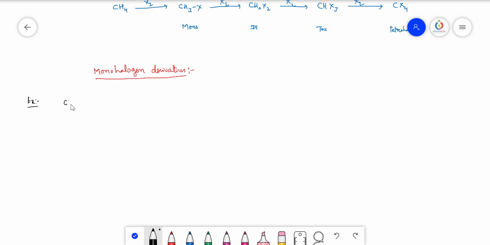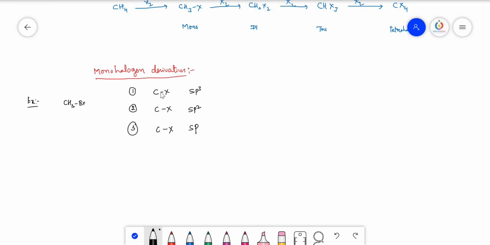I'll take only one example because these monohalogen derivatives are again of many types. These are broadly classified into three categories based on the hybridization of the carbon to which the halogen atom is bonded. They are the C-X compounds having an sp3 hybridized carbon, the C-X compounds in which the halogen bearing carbon is sp2 hybridized, and the C-X compounds in which the carbon atom is sp hybridized.